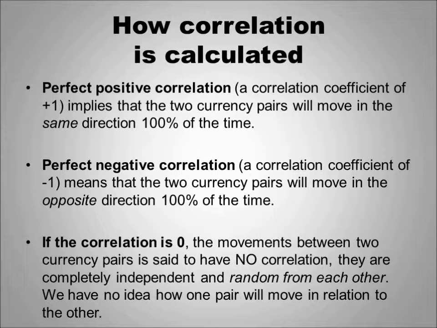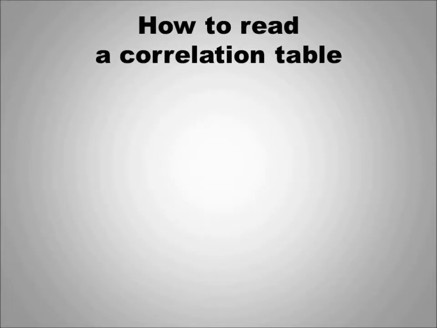The movements are solely independent. So, when we look at the many different pairs in the Forex market, some currency pairs move in direct proportion with each other, some move in inverse proportion, and other currency pairs are not affiliated with each other at all. So, let's talk about reading a correlation table.